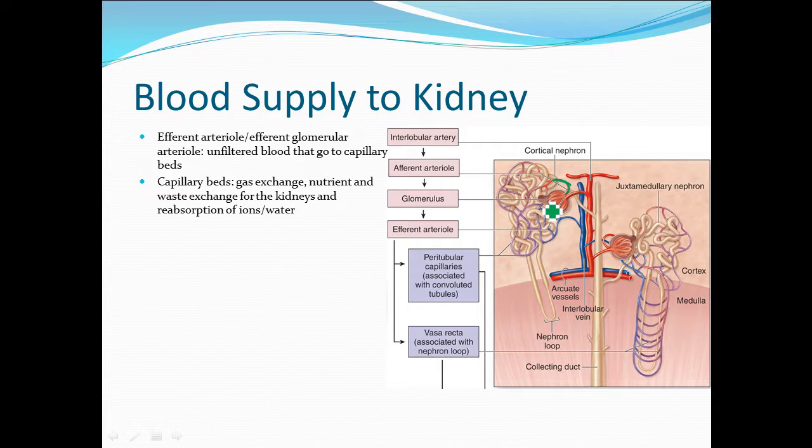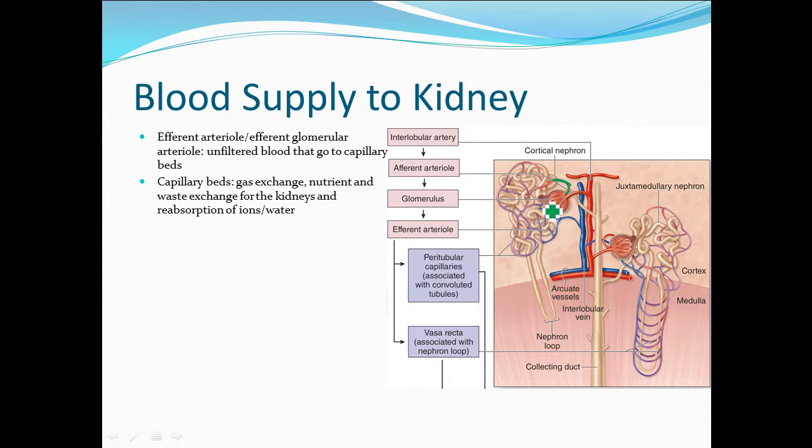But this capillary bed is for the gas exchange for the kidneys themselves, and also for nutrient and waste exchange as well. And anything that's getting reabsorbed from the kidneys is going to be reabsorbed here.